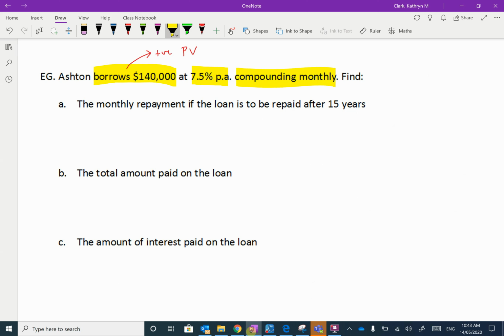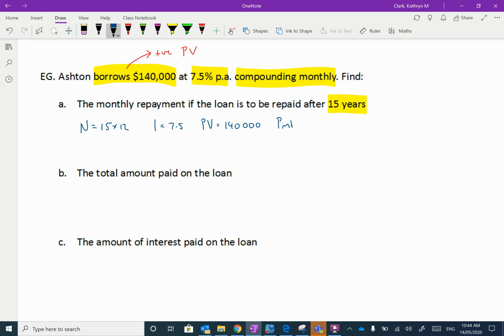If the loan is repaid after 15 years, so N, that's going to be 15 by 12. You don't even have to do the math, you just have to type it into your calculator, it'll work it out itself. Interest rate is 7.5, present value 140,000.